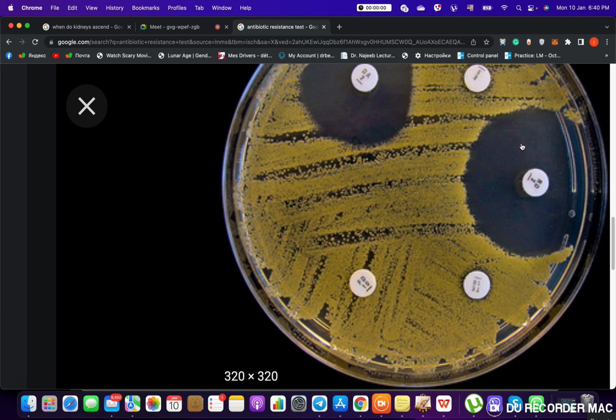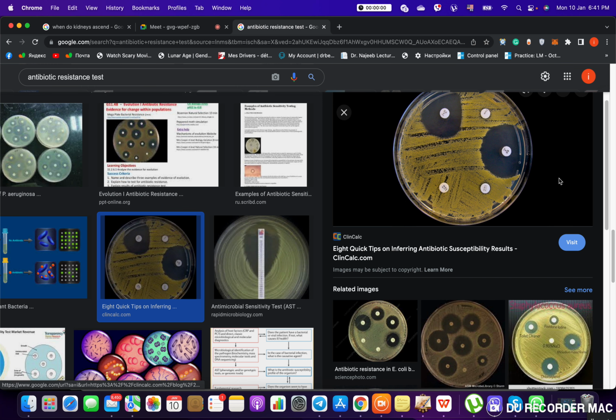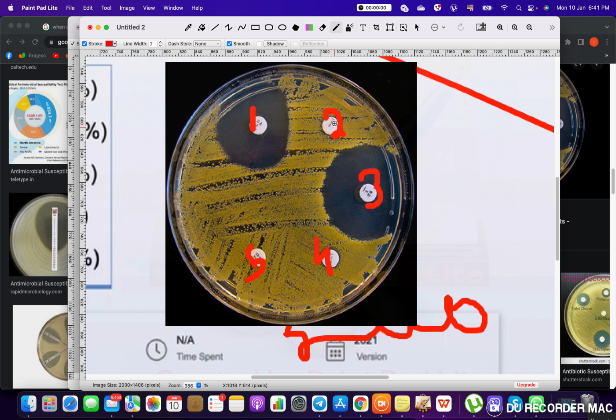So that's sensitive. But these guys are not sensitive, they are resistant. So this whole culture is full with bacteria, and these little dots represent the antibiotic, yeah? So it will be 2, 4, and 5, absolutely. 2, 4, and 5 are resistant. There is antibiotic on them, but they don't care actually. They are still growing normally like it does not exist.